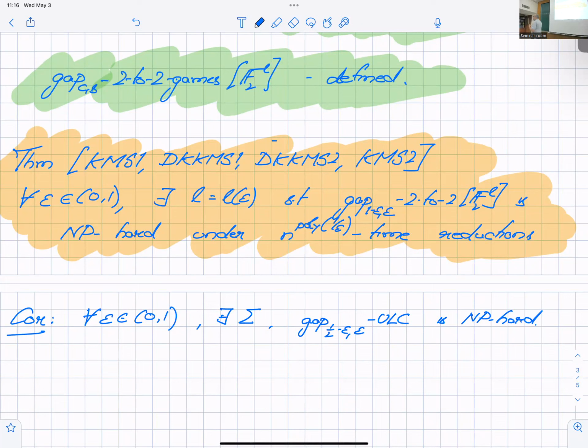And in fact, this half minus epsilon can be made exactly half.